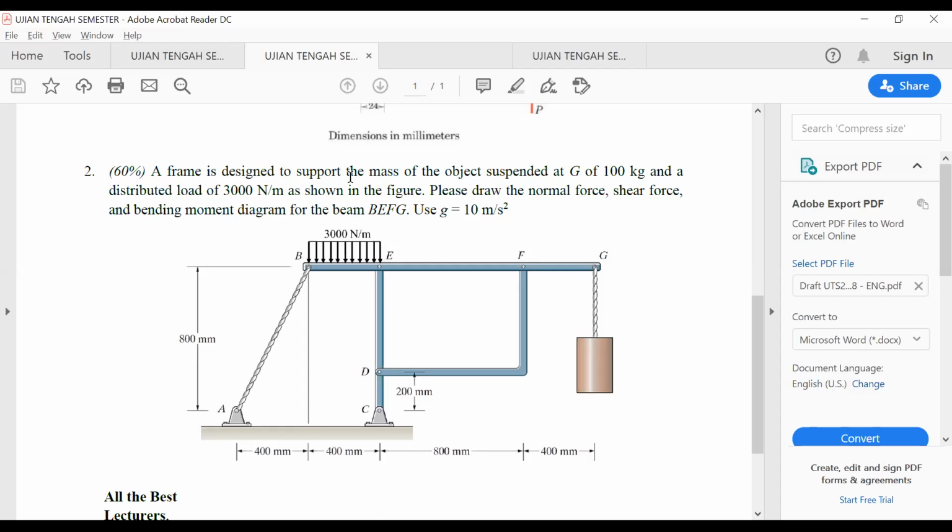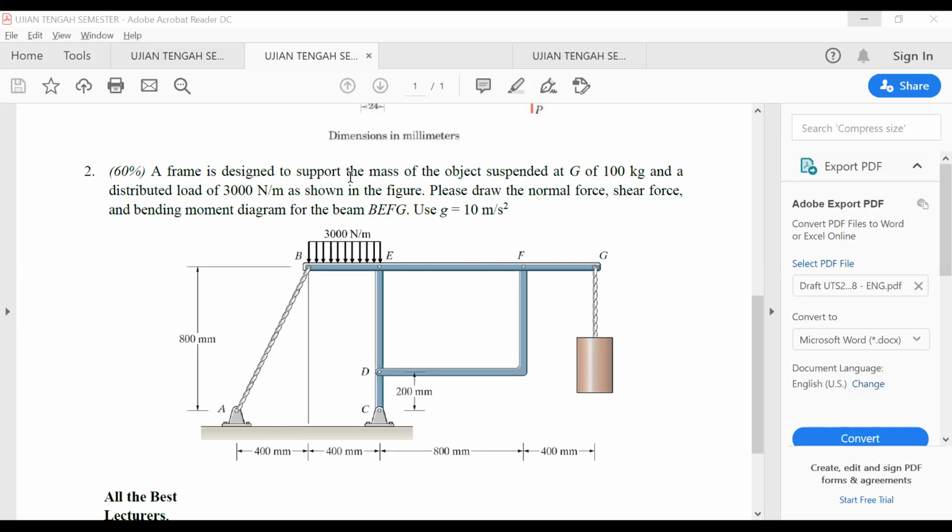It's Manaf, sir. Okay, so I will explain it to everyone as well. So this is what we want to discuss now. Try to read it first, because your friend Manaf already read it by himself. For the others, please try to understand the problem first before I explain it.